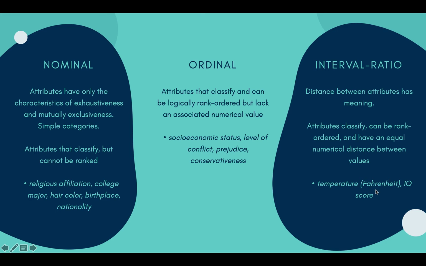We know that if somebody says, I live in Phoenix and it's 75 degrees right now, and somebody says, I live in San Diego and it's 76 degrees here, we know that Phoenix is identified as 75. So that's their category. That's their attribute value. San Diego is identified as 76.